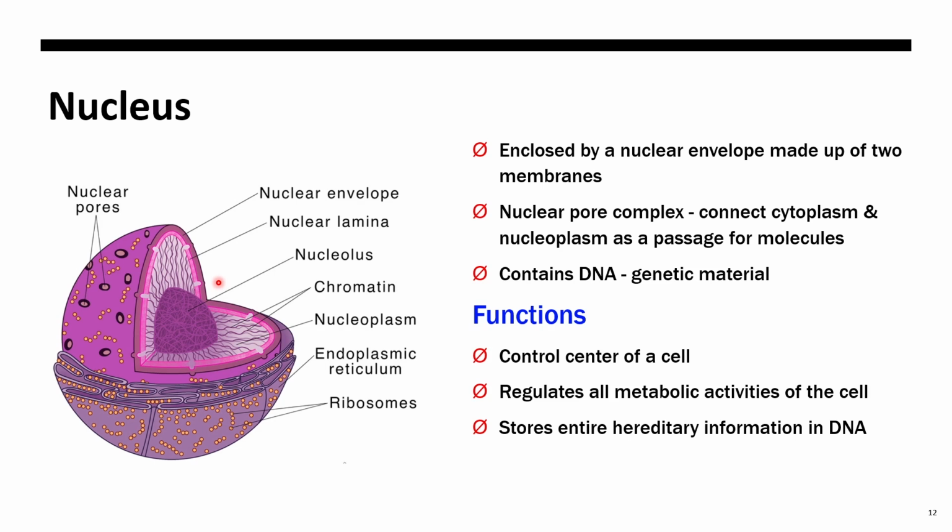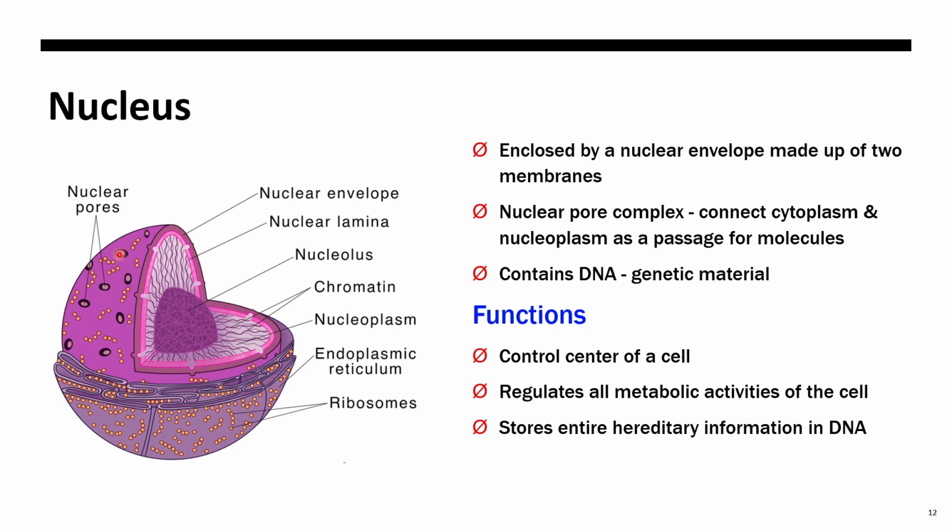The next most important component of your cell is the nucleus. If mitochondria is the powerhouse of the cell, the nucleus is the control center of the cell. Similar to mitochondria, the nucleus is also enclosed by two membranes, two nuclear envelope membranes.